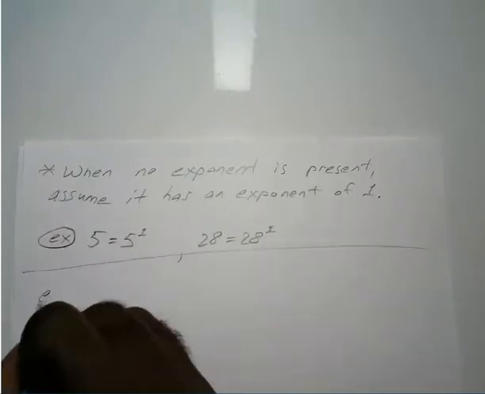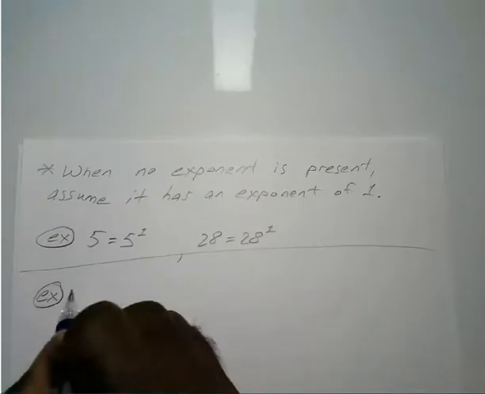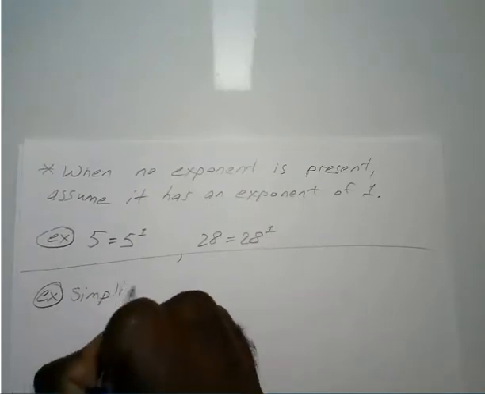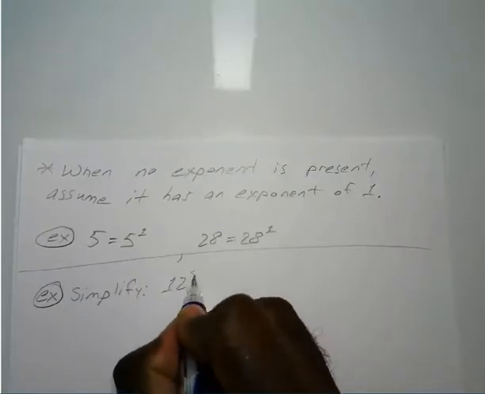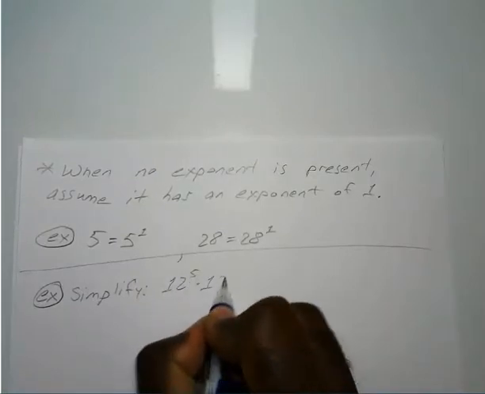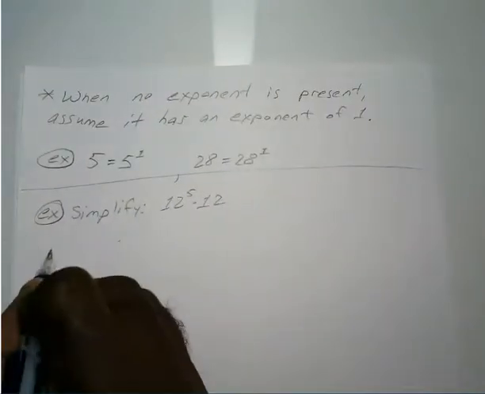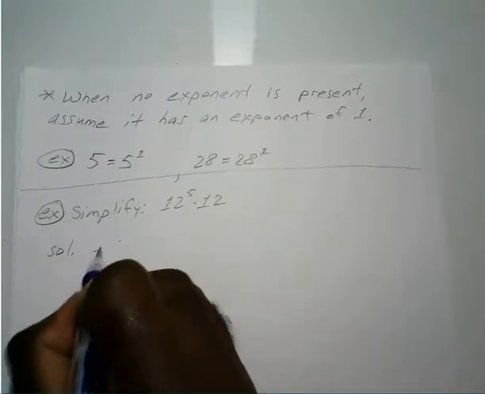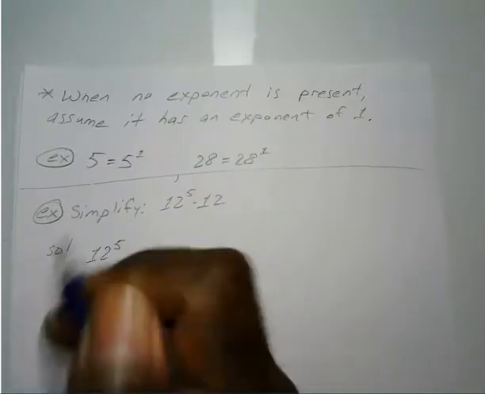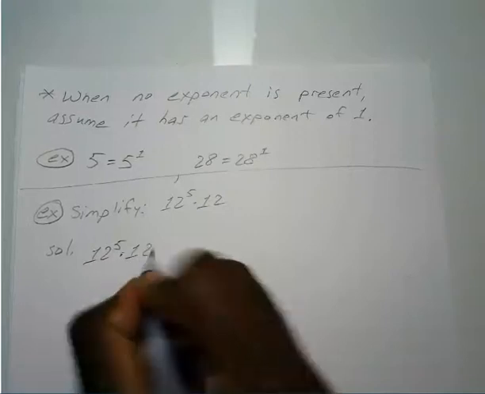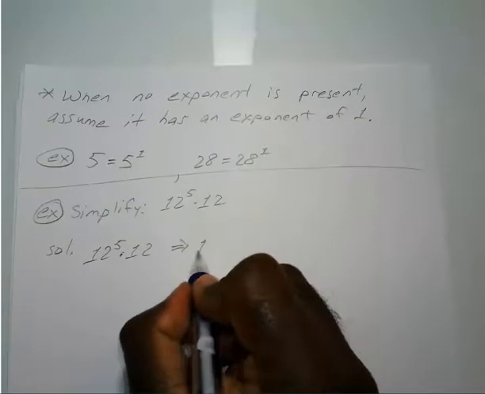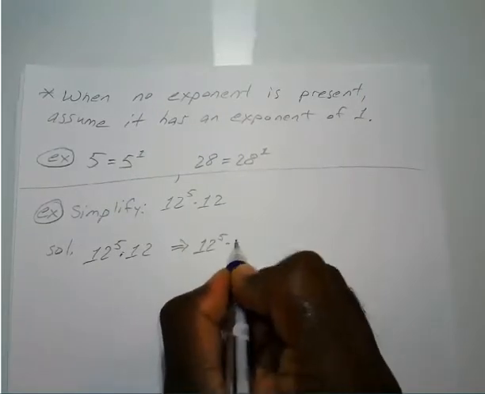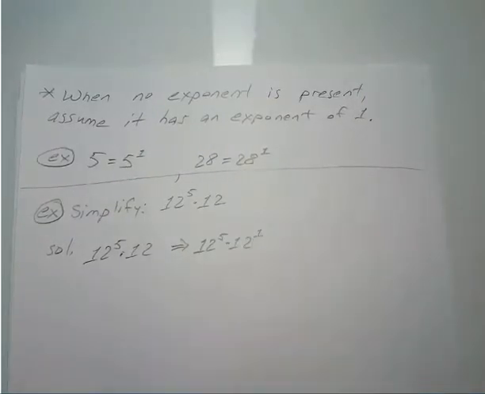So, for example, if we wanted to simplify 12 to the 5th power times 12, that's the same as saying 12 to the 5th power times 12 to the 1st power.